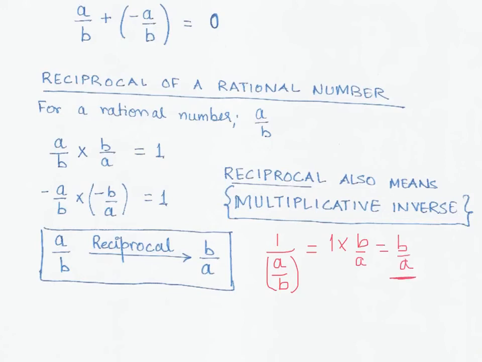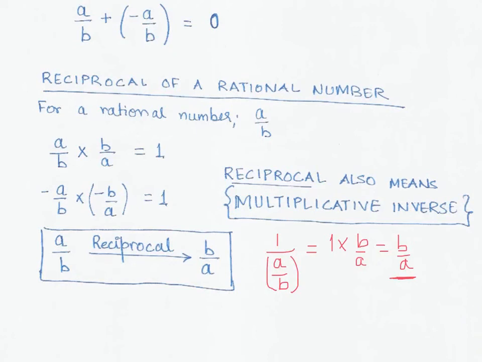So this is a reciprocal. Reciprocal is simply taking 1 over that number, and hence we get the reciprocal of a by b as b by a.